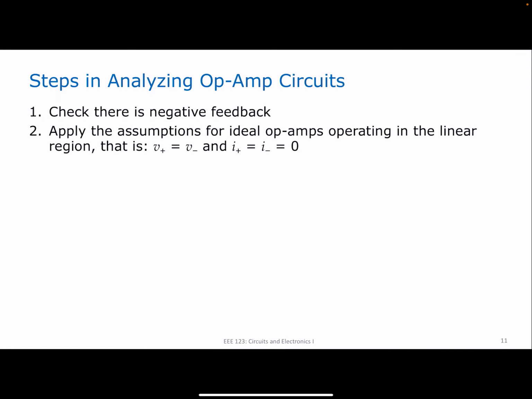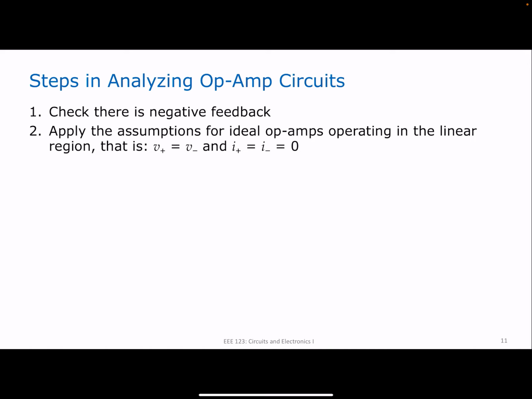If there is negative feedback, then we apply the assumptions for ideal op-amps operating in the linear region. That is a consequence of the three assumptions: R in is equal to infinity, R out is equal to 0, and AOL is equal to infinity.